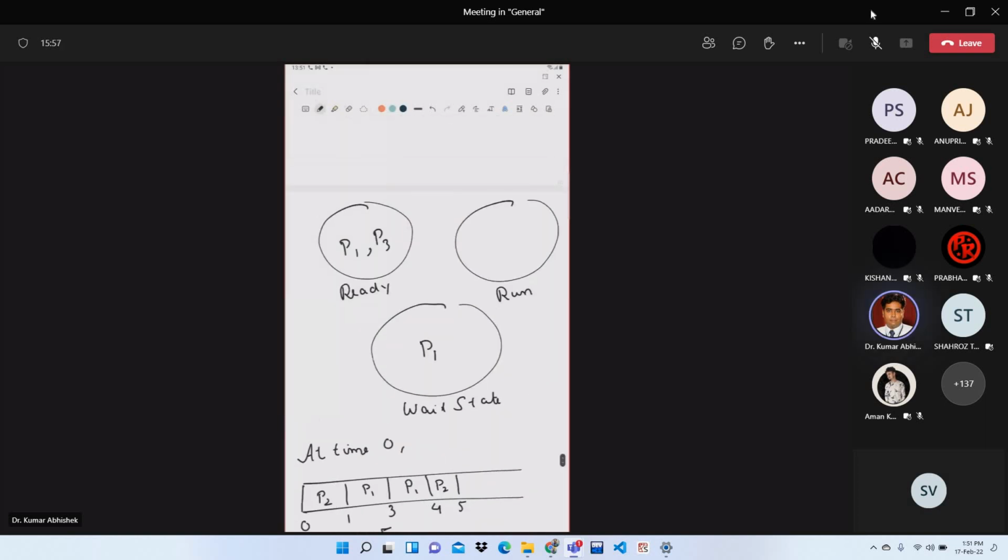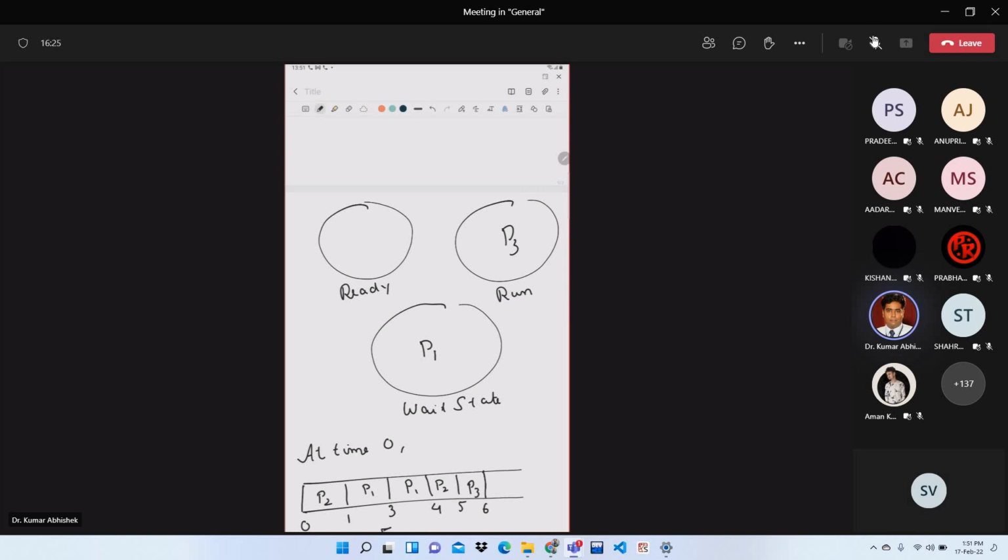P1 will be in wait state. P3 will be in ready state. So at time 5, what happens? P3 will start executing. At time 5, P3 will start executing till time 6.